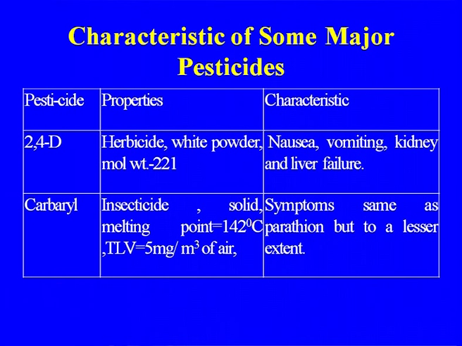Carbaryl has symptoms the same as Parathion, but to a lesser extent. These are some of the effects of BSC, because in case of BSC we are using the gamma isomer, which is highly reactive and at the same time highly toxic, and normally the various formulations have a carrier with 5% gammexane that we are using.